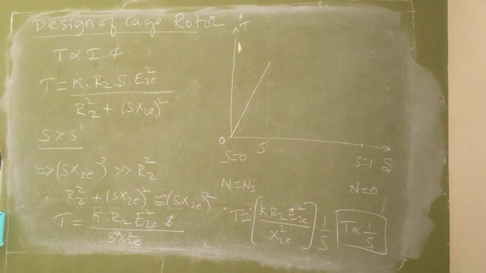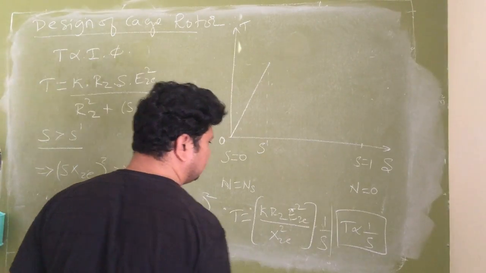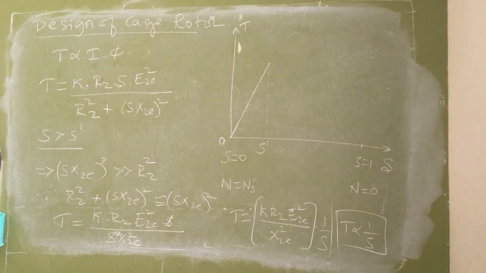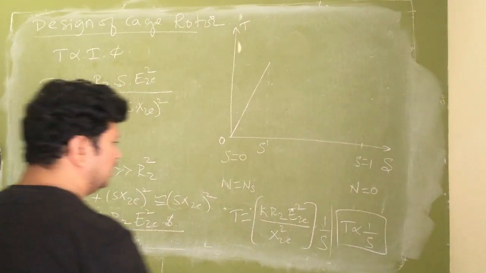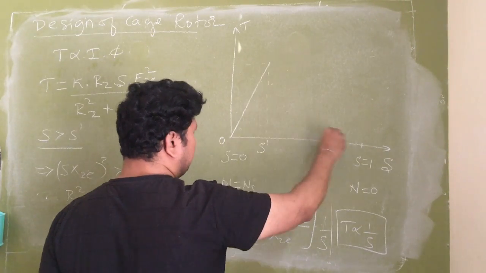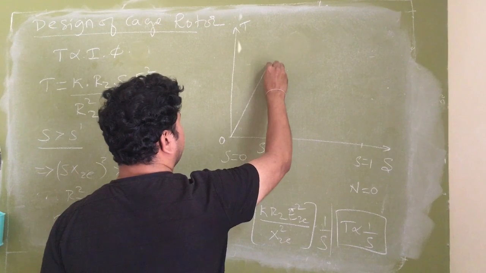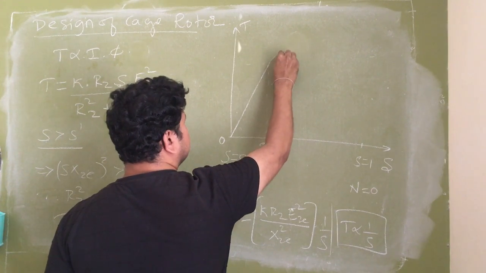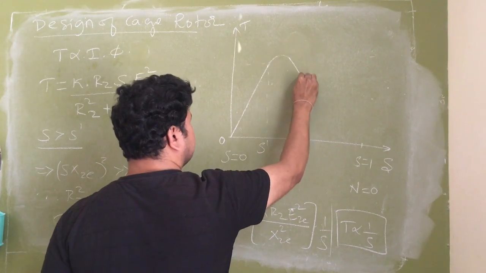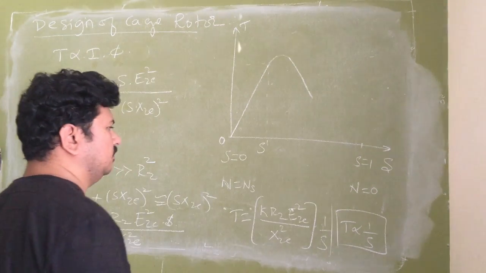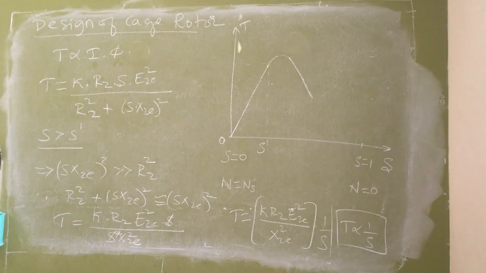So at a certain range of slip the torque was proportional to slip, and now for a certain range of slip my torque will be inversely proportional to slip. But it will not linearly decrease. It will take a hyperbolic shape of curve and start decreasing.